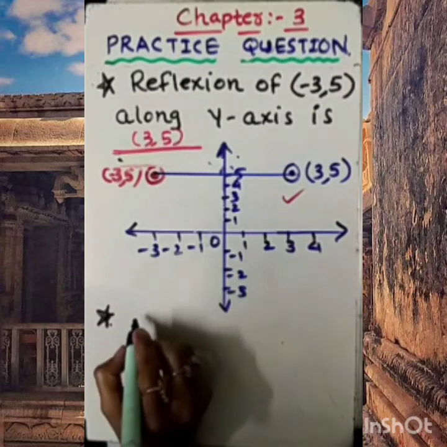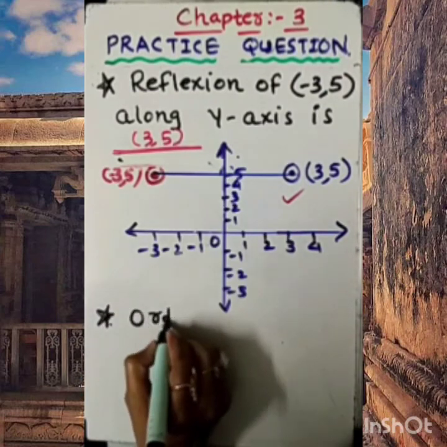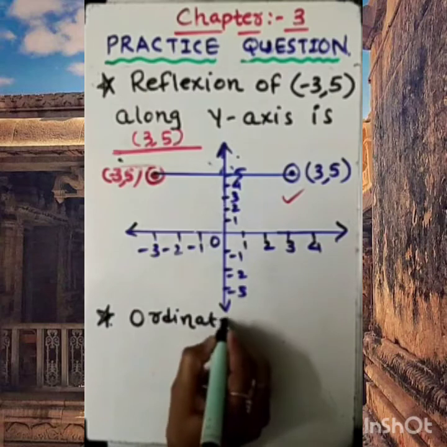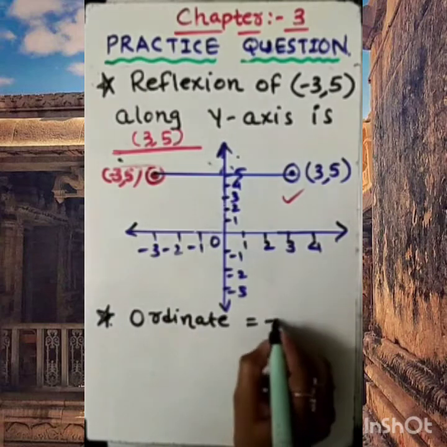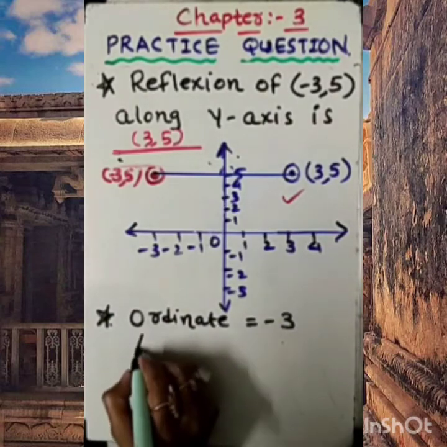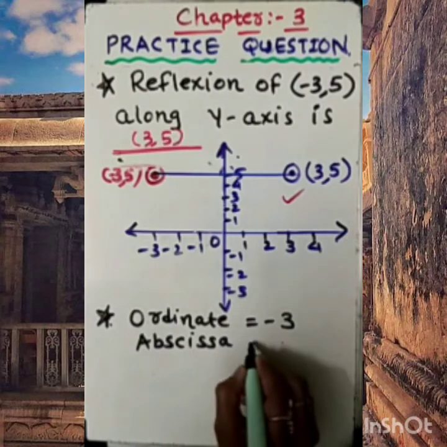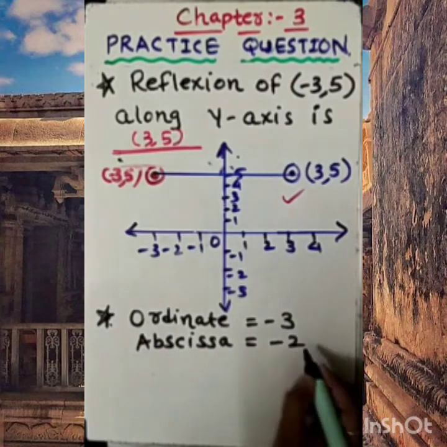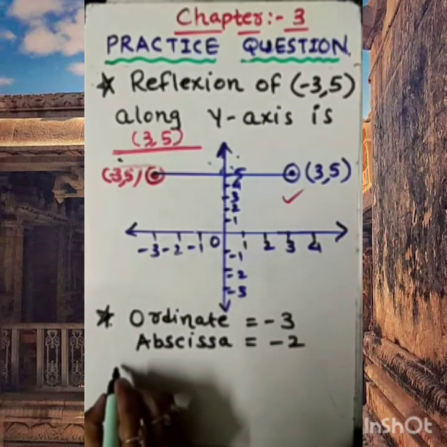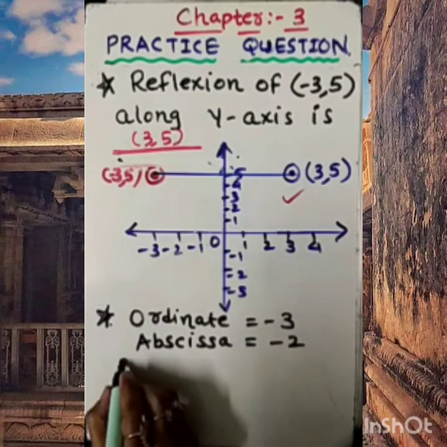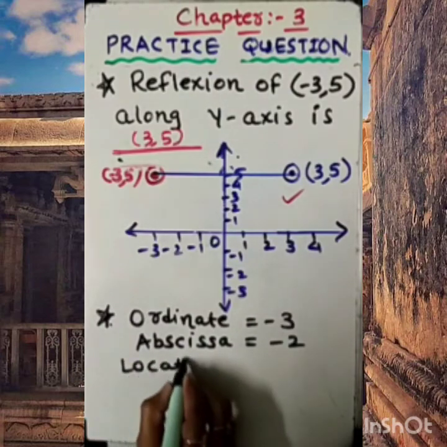We need to mention here, ordinate is minus 3, abscissa is minus 2. Then we have to say the location of the point.